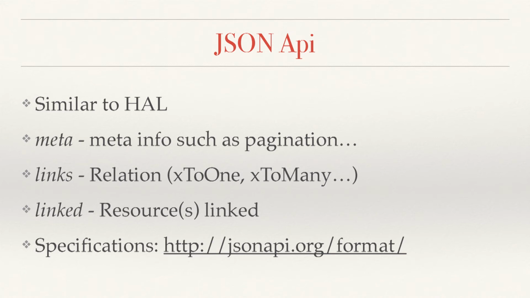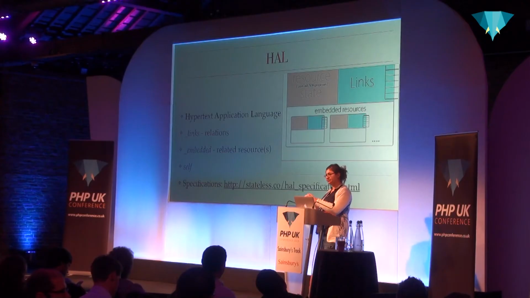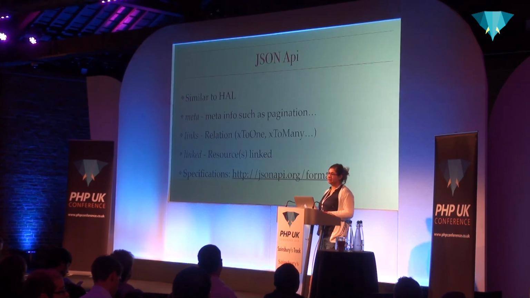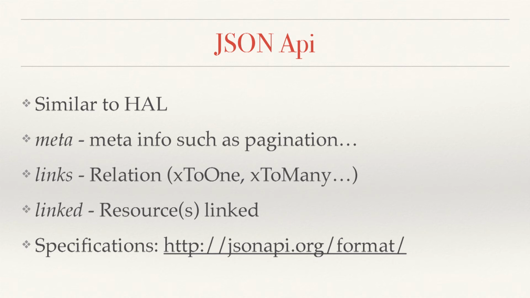In HAL, it's about taking resources and embedding them and having several levels of embed. With JSON API, it's about having embed, but quite differently because it's not about having several levels, it's having one level with the meta, links, and linked. Again, there is a specification, so go check it out.